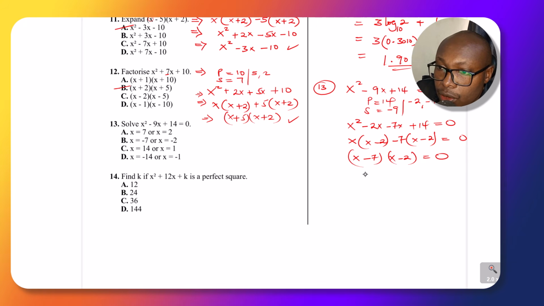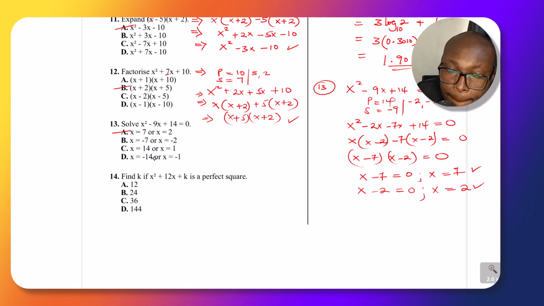Then from here you have x minus 7 is equal to 0. If you solve this, you'll get x is equal to 7, and x minus 2 is equal to 0. If you solve this, you get x is equal to 2. So you have two solutions, x is equal to 7 and x is equal to 2. So that is the solution A.